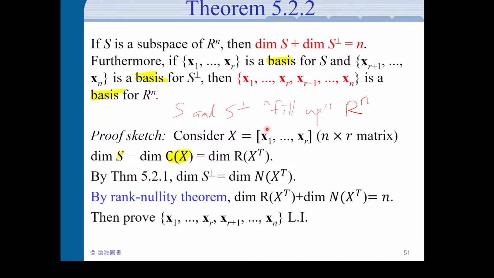So the column space of this big X is equal to S, and you can take the dimension of both of them. Then we want to transpose a little bit, and we'll see why later. The column space of X is obviously the row space of X transpose. Then you take the dimension, so the dimension of S is equal to the dimension of the row space of X transpose.